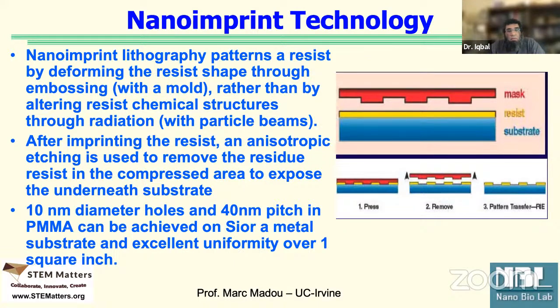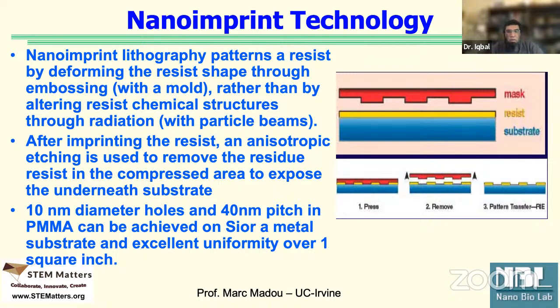So this process was originally developed exactly as a next generation lithography tool to even replace electron beam lithography. So this is newer than e-beam lithography as well. So this is next generation lithography. And they have achieved 10 nanometer holes, 40 nanometers apart, in PMMA.